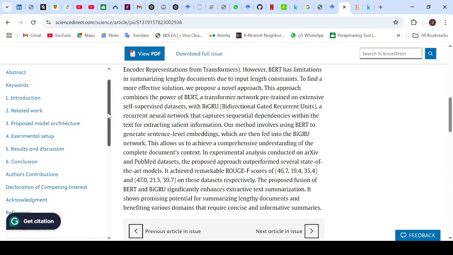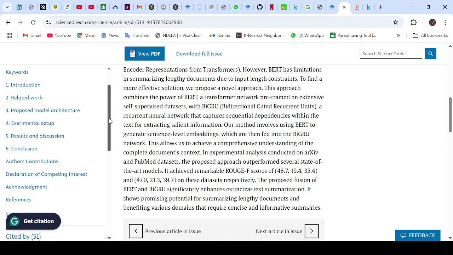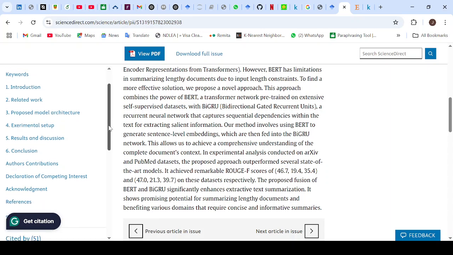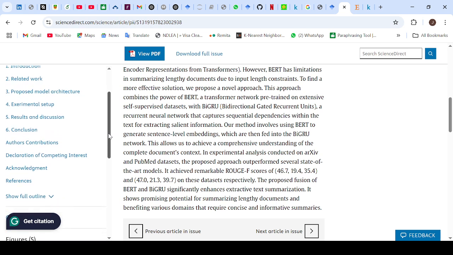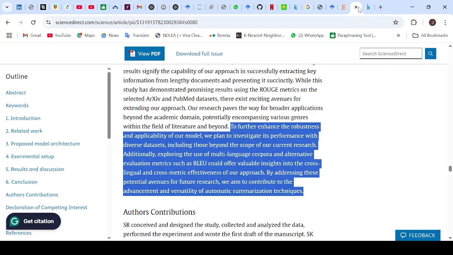Assuming that you want to use this as an existing system, you have to explore this paper very well to look at the proposed model architecture so that you know what you are going to do on your own and how you are going to present your own architecture. You look at the result to see what they achieve. But since we are looking at gap, we have to open the conclusion.